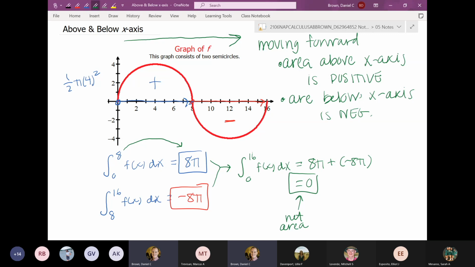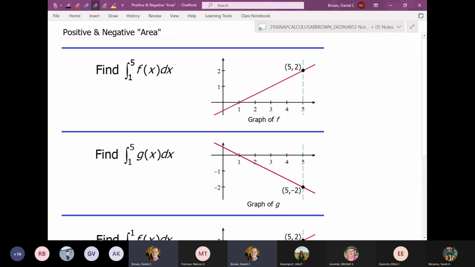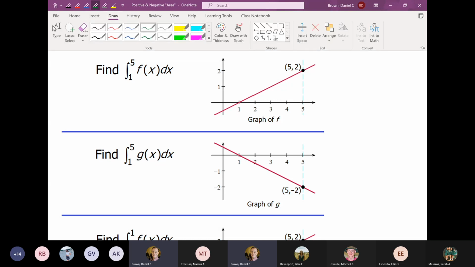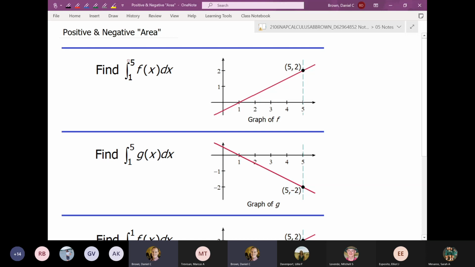So I mentioned moving forward, area above the x-axis is positive, area below the x-axis is negative. Well, what happens if, say, we are moving backwards? So I chose these 4 integrals. The first 2 were moving forward. So I am starting at 1, ending at 5. On the graph, we're starting at 1, ending at 5.